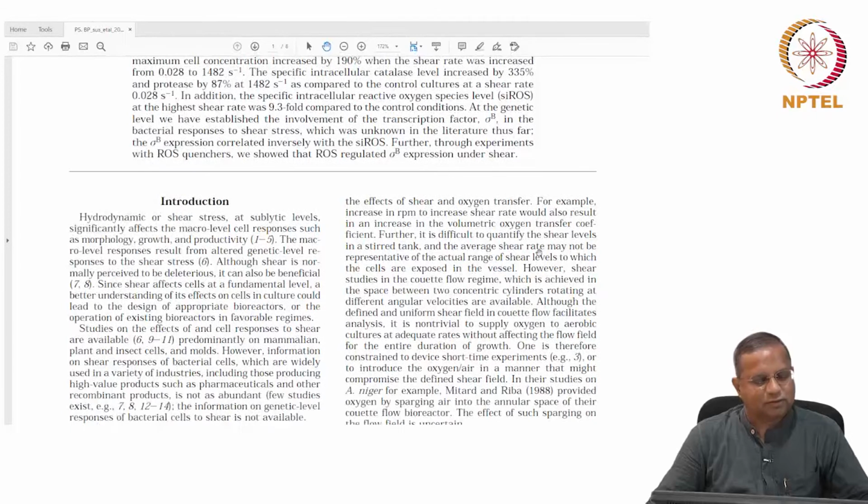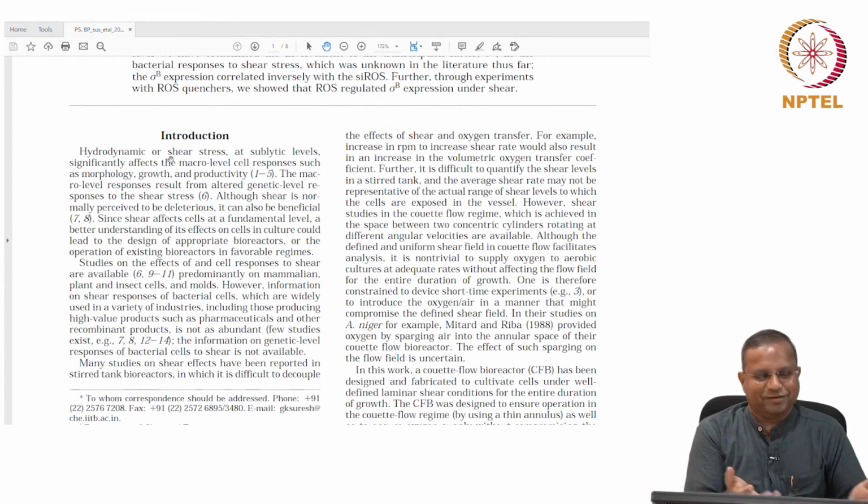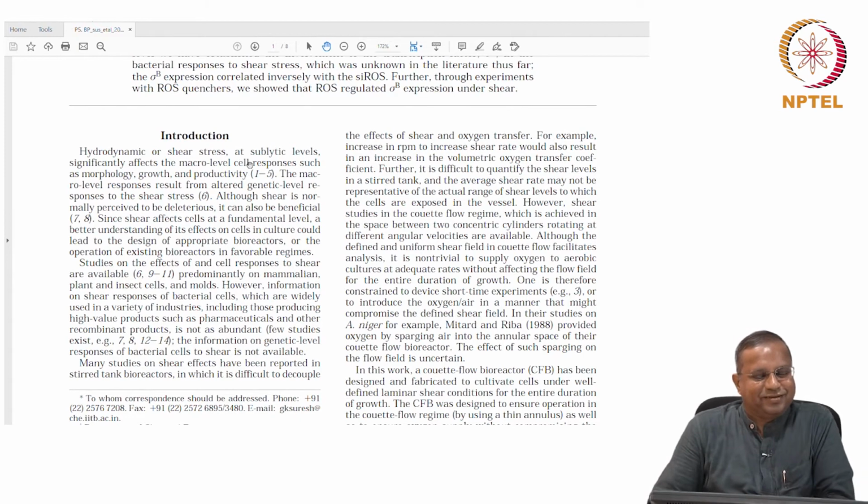So, here are some parts of the introduction for you. Hydrodynamic or shear stress, everything is transport now, at sublytic levels significantly affects the macro level cell responses such as morphology, growth, and productivity. This is known, nothing new. The macro level responses result from altered genetic level responses to the shear stress.